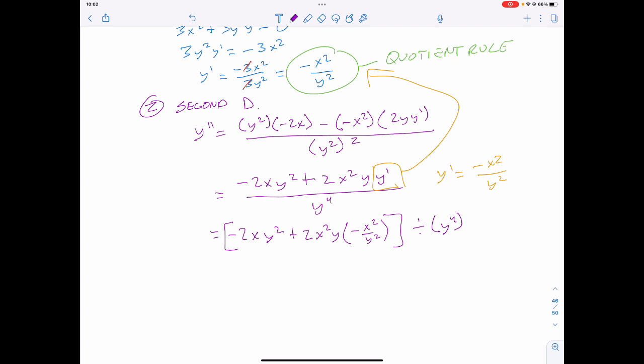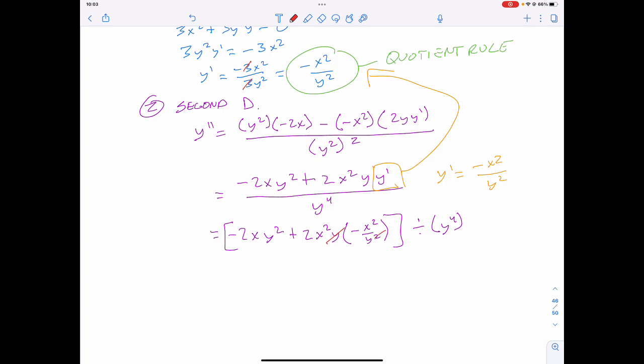Well, in order to combine these, I have to put this one over y squared as well for the two terms, so I'm going to have to multiply the top and the bottom. Sorry, let's simplify that first. Let's take away a y from here and a y from here, make our lives a little bit easier.